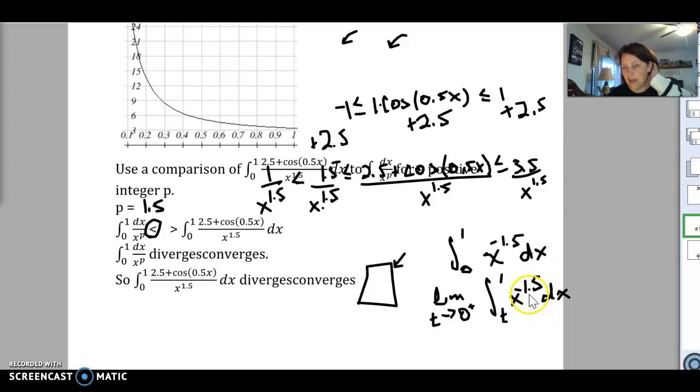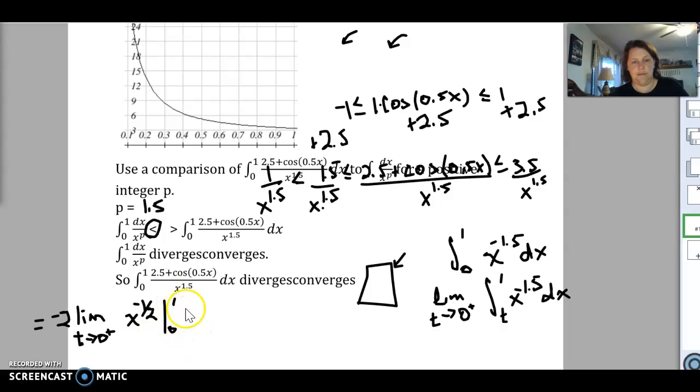Okay, so I'm going to add 1 and then divide by that number. So when I add 1 to negative 1.5, I'm going to get negative 0.5. Divide by that number also. So let's come over here where we have some more room. And so we'll have negative 2 times the limit as t approaches 0 from the right hand side of x to the negative 1/2 evaluated from t to 1.